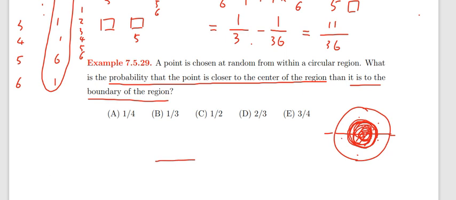Suppose the radius is 1, so the total area is pi. We can pick any point from this range. Then the requirement should be this smaller circle, where r is 1/2, so pi r squared is pi times 1/2 squared, which gives 1/4.